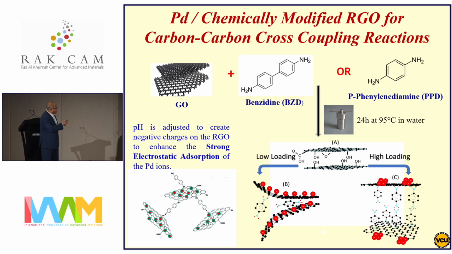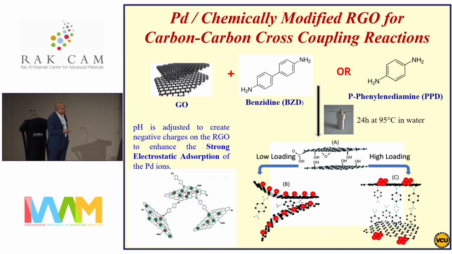It turned out that depending on the loading of these chemically modified materials, you can have two different kinds of arrangements. One where you have low loading, and in this case, the graphene sheets or reduced graphene oxide sheets are not very much separated from each other, they are closer.